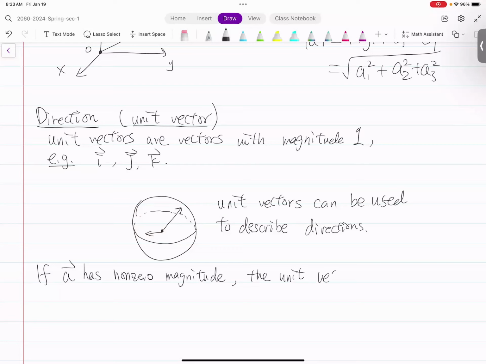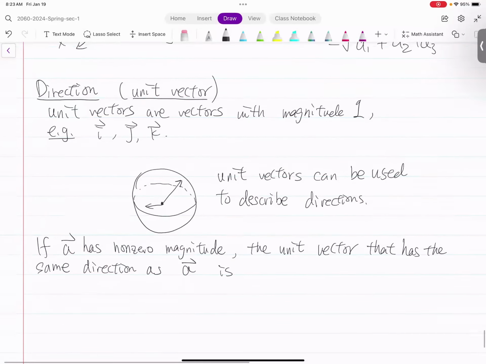The unit vector that has the same direction as vector A is the following.